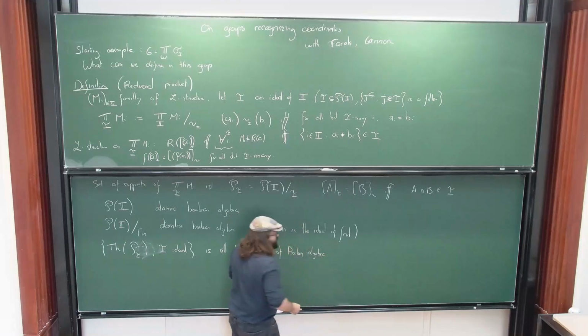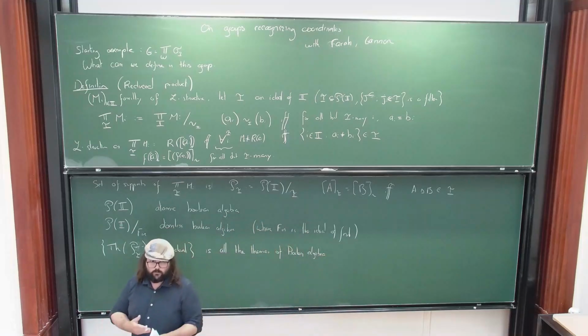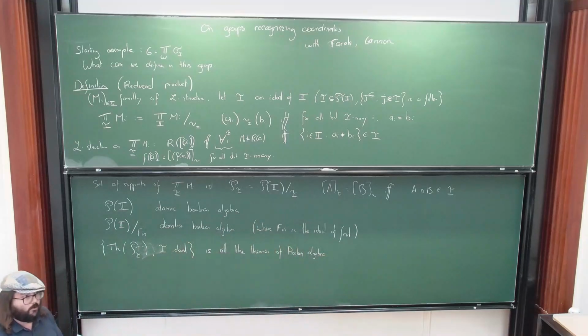So when you run over all possible ideals, you get all the Boolean algebras up to equivalence. Not every Boolean algebra is of this form.